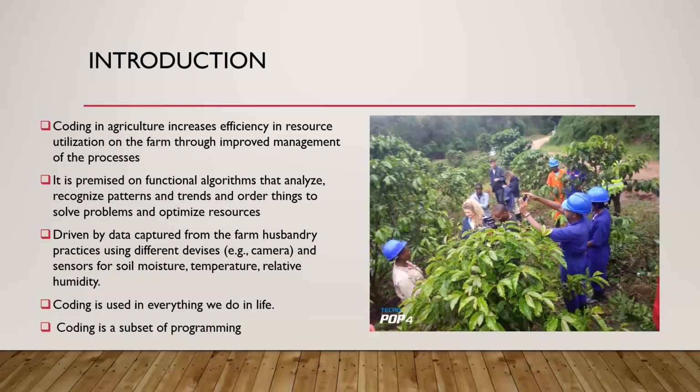It is driven by data captured from farmers' boundary practices using different devices such as a camera, and these cameras can also be mounted on drones. Then we can also use sensors to be able to capture data on soil moisture, temperature, relative humidity, and all other parameters that are necessary in establishing the functions of plant growth and the yields.